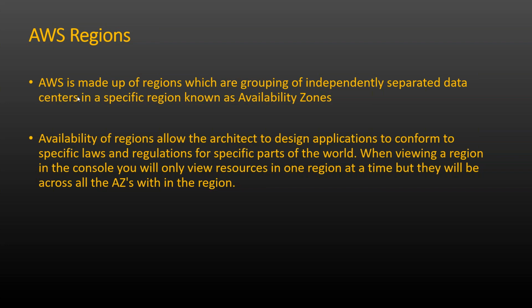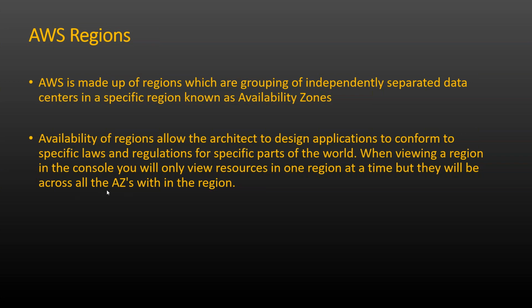Like India has their own Indian standards, Europe has European standards, Australia might have their own standards, right? Everybody has their own standards. US cannot impose US standards across the globe. If you want to start your business in India, you are supposed to follow the local standards. So that will help Amazon meet the local regulation policies for running their business and helping the clients as well. Okay, that's one of the reasons for having regions.